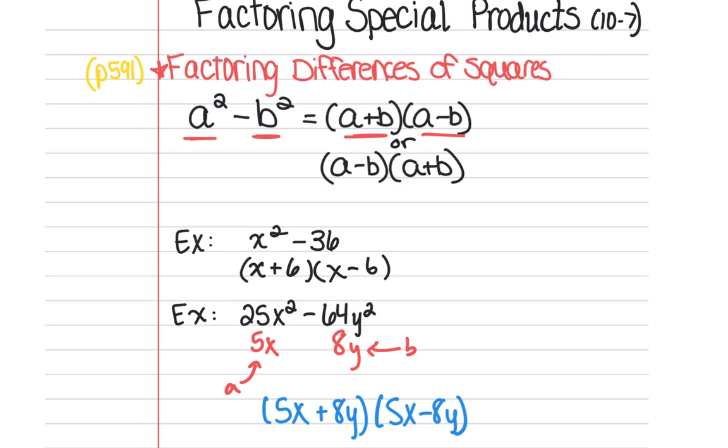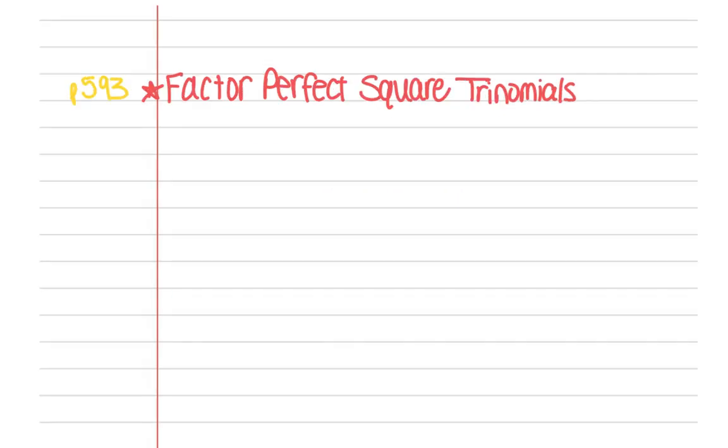We can do first, 5x times 5x is 25x squared, and 5x times negative 8y is negative 40xy, and then we have positive 40xy, and then negative 64y squared. So it works out.